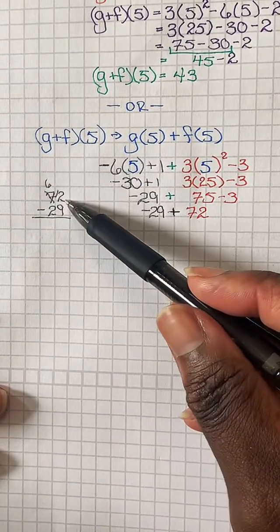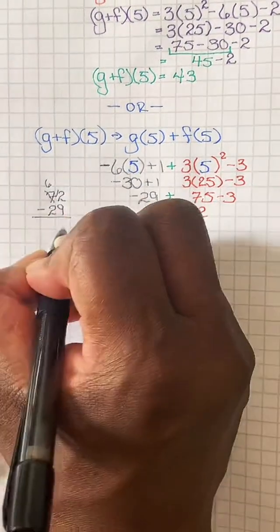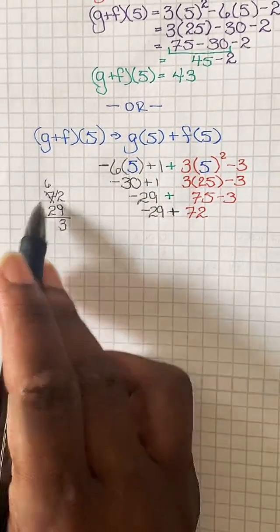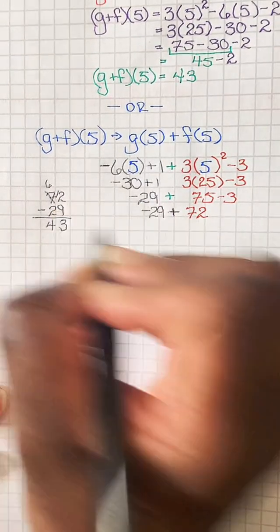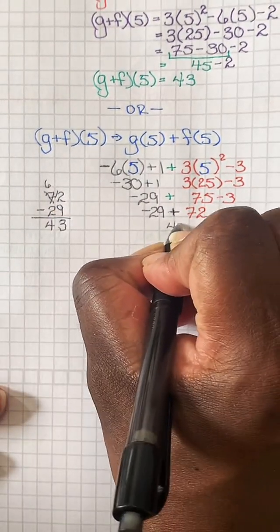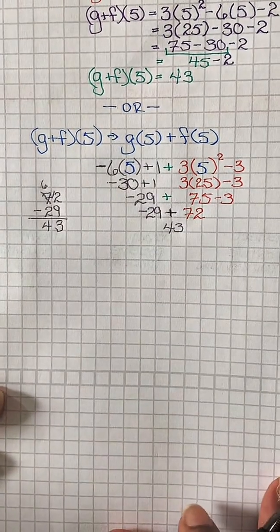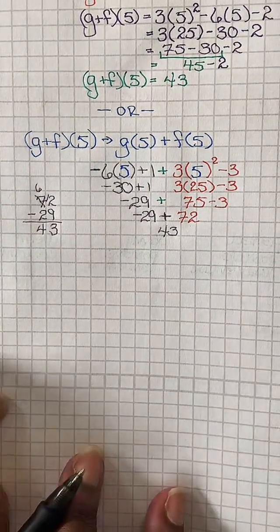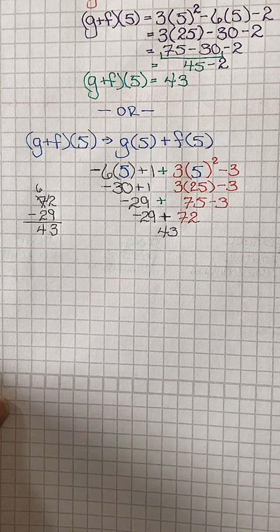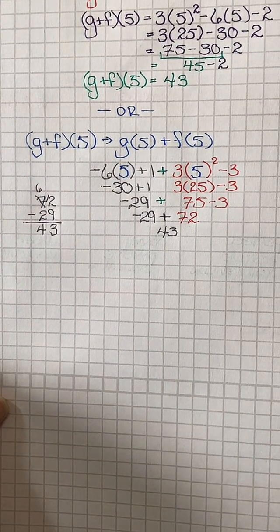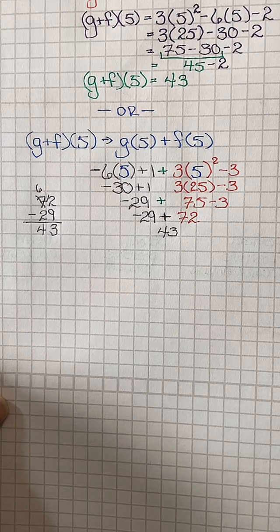So now it's a 12. 12 minus 9 is 3. 6 minus 2 is 4. And that's how you get your 43. Now, when we're doing this lovely test, I know I probably bored you to tears. But when you're doing this as a test question, you're not going to have time to do both ways.